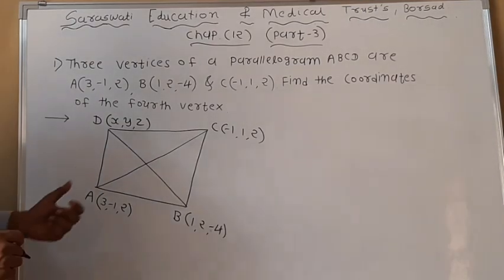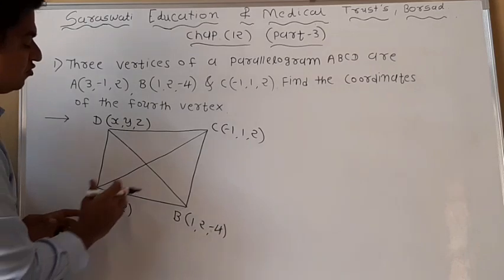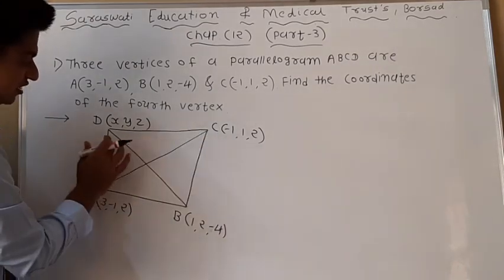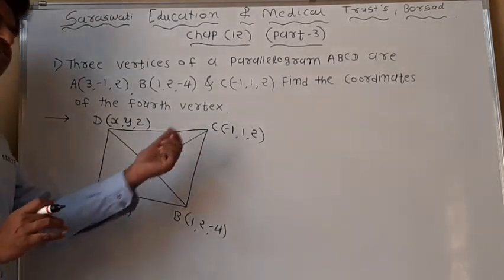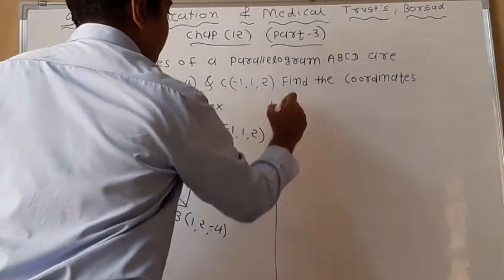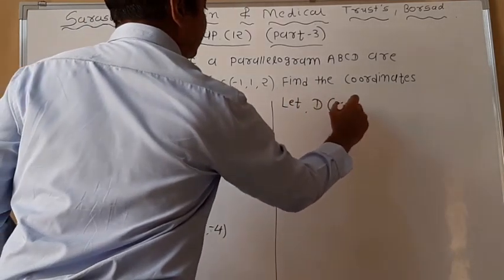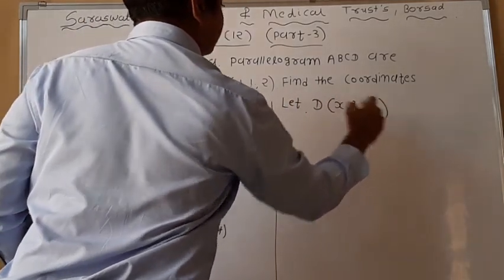Here the parallelogram is present, so diagonal BD is equal to diagonal AC, right? So first of all, we can write: let D coordinate be x, y, z.